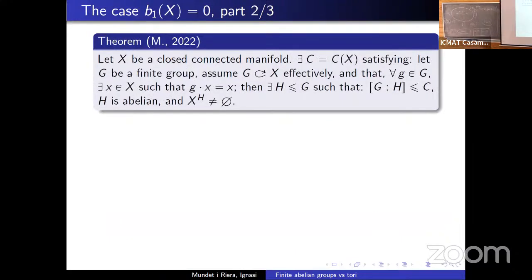The proof of this theorem uses different ingredients. One of them is a construction that I call stability. What sort of stability is this, the one involved here? You consider finite group actions with the property that all stabilizers have big index inside the group.